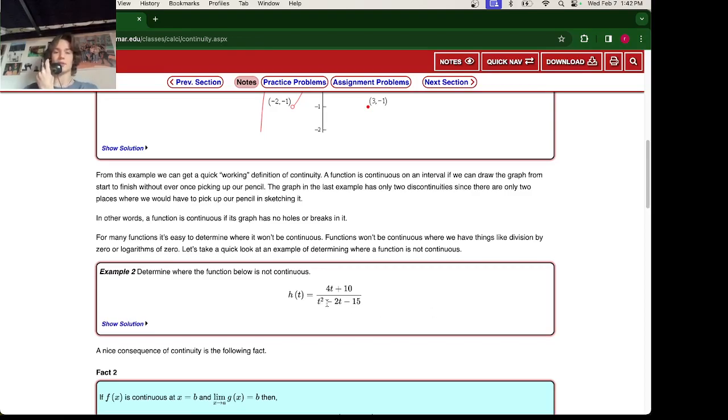Let's say it equals negative 5, okay? We get 25 here minus 2 times negative 5, which is negative 10, minus 15. So negative 10 minus 15 is negative 25. And then t squared, which is positive 25. So 25 minus 25. That means that the bottom would be 0.